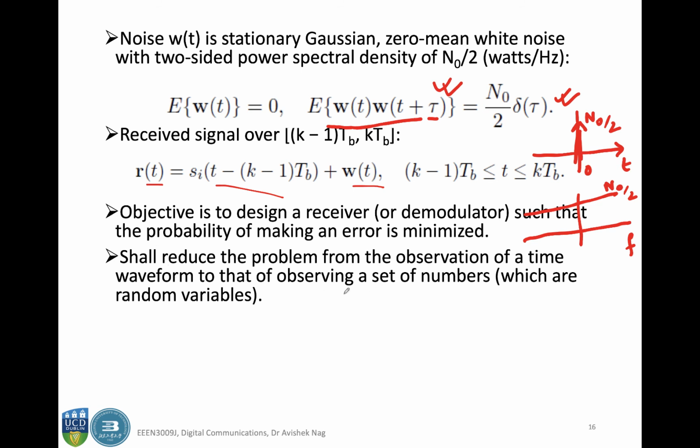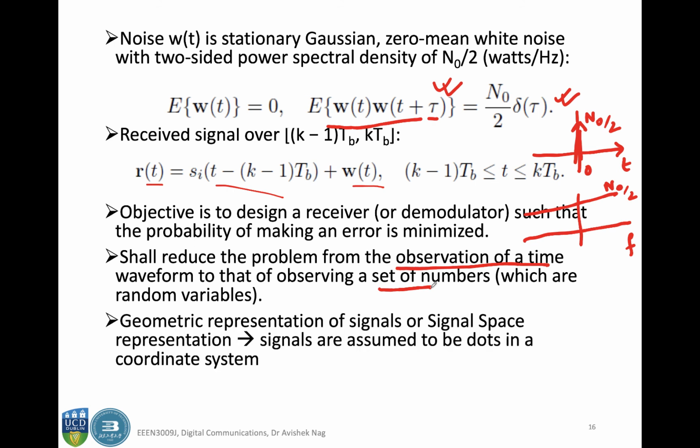So basically, instead of having an observation in the time domain, if you have any mechanism or means to observe the signal and the noise as just a set of numbers, which are random variables, then it's easier to calculate the probability of errors.